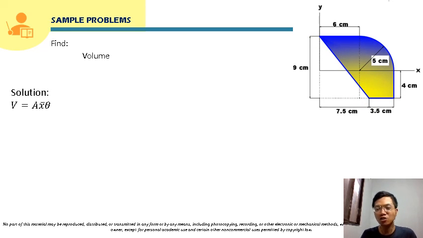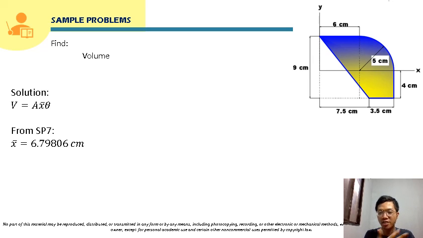We actually solved this already, the centroid of this composite area, in our sample problem number 7. So our x bar from our solution is 6.79806 centimeters, and our area is 59.88495 square centimeters. So we are going to just substitute that in our formula.